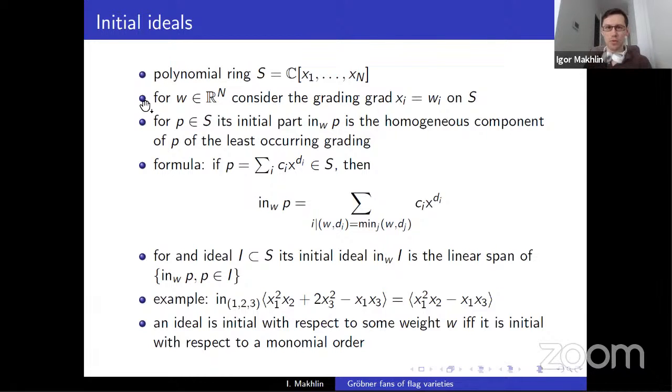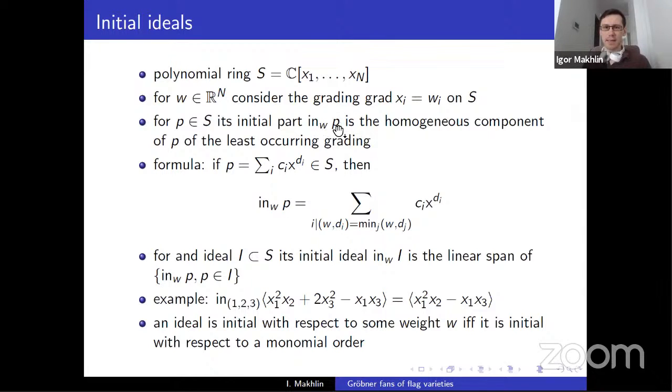what I will choose is a weight. So it is capital N real numbers, one for each variable, and this lets us consider a real grading on the ring S, where the variable xi has grading wi, and then in this setting for any polynomial in S, we have its initial part with respect to w.